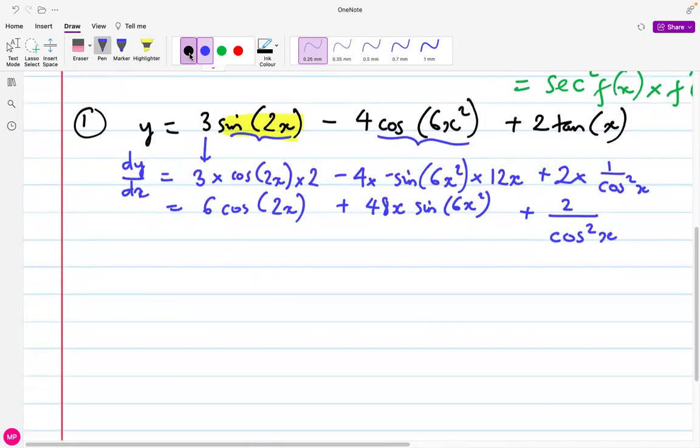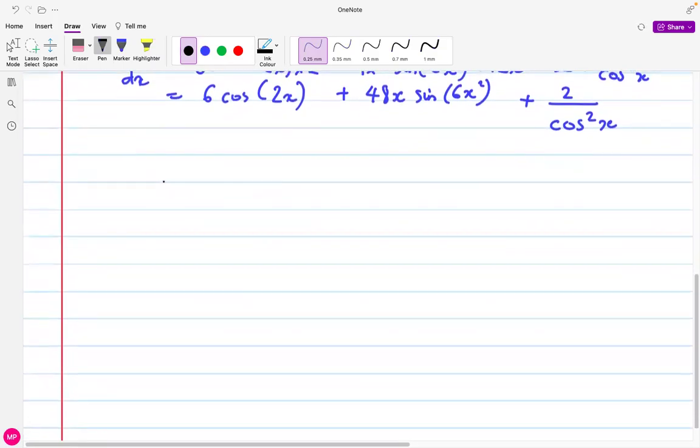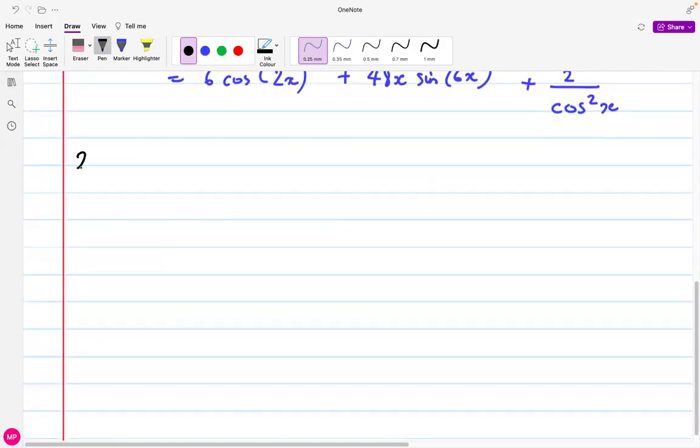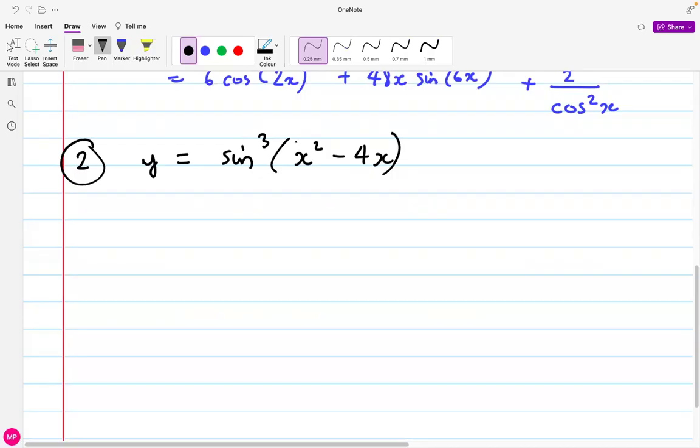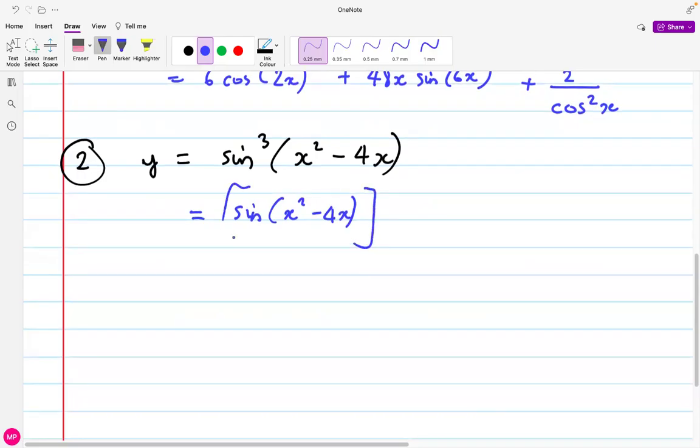Now, sometimes we can get a little bit more complicated. Let's say we have y equals sin to the power of 3 of x squared minus 4x, and they want you to find the derivative. If you think about sin of x squared minus 4x to the power of 3, you can rewrite that as sin of x squared minus 4x, and then the whole thing to the power of 3.